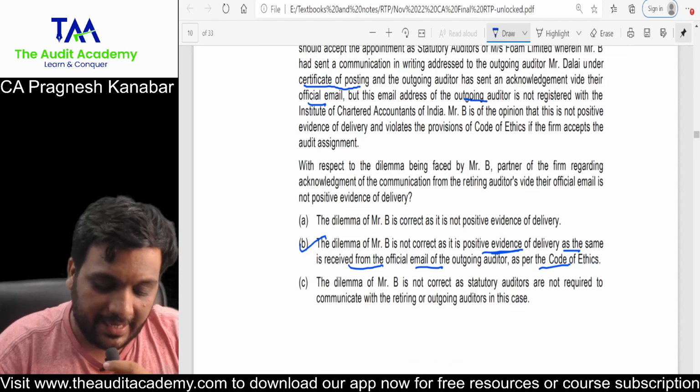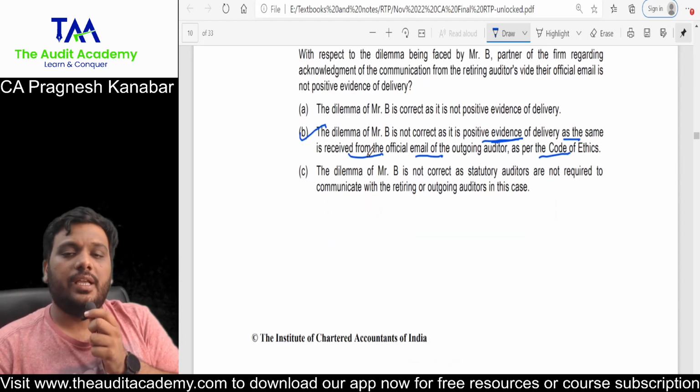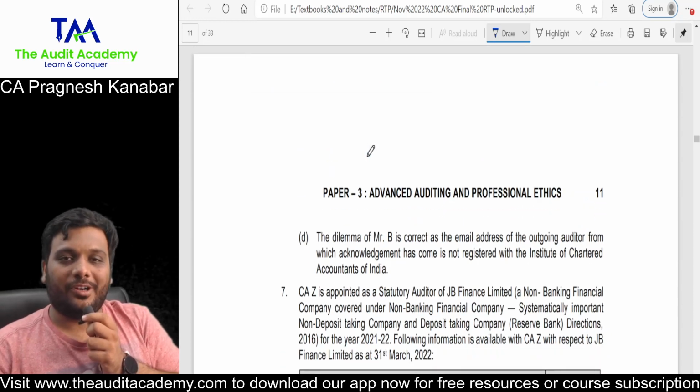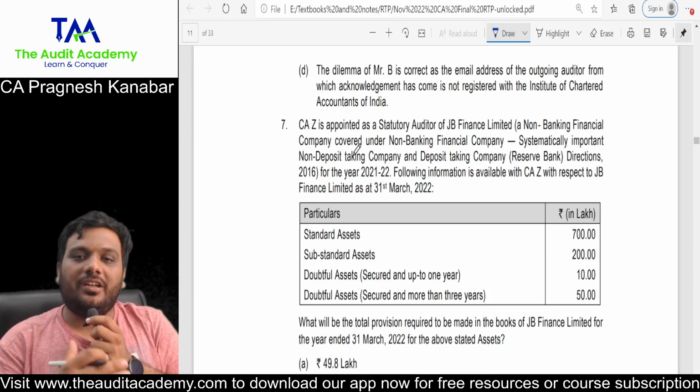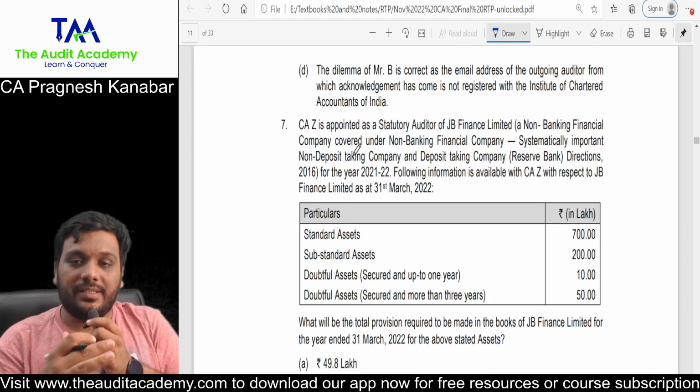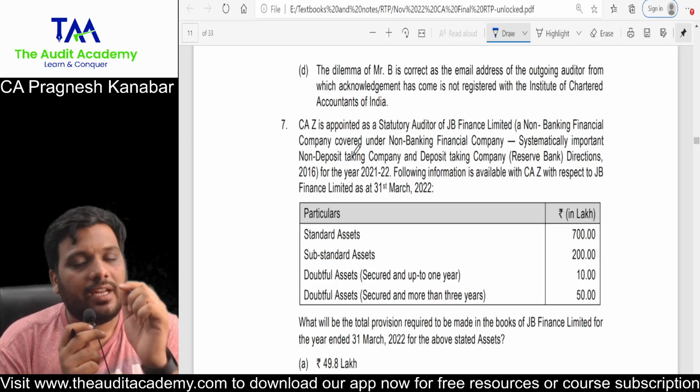And then for the students who leave audit of banks and NBFCs in option, the Institute has given a very strict warning, it seems, and there are really good questions over here. Question number 7 is about NPA provisioning, but in case of NBFCs.